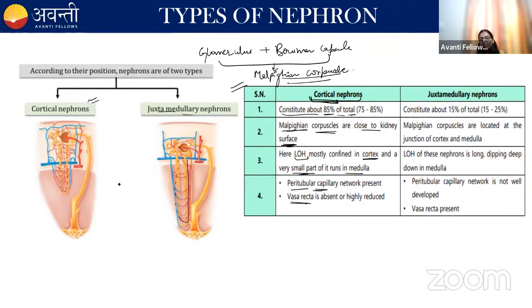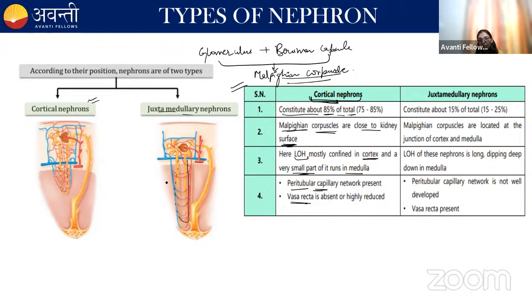So peritubular capillaries are from the efferent arteriole. You know that the blood first comes through the afferent arteriole, which carries the blood to the glomerulus capillaries. Then the glomerulus capillaries reunite and form the efferent arteriole, which carries the blood away from the glomerulus.